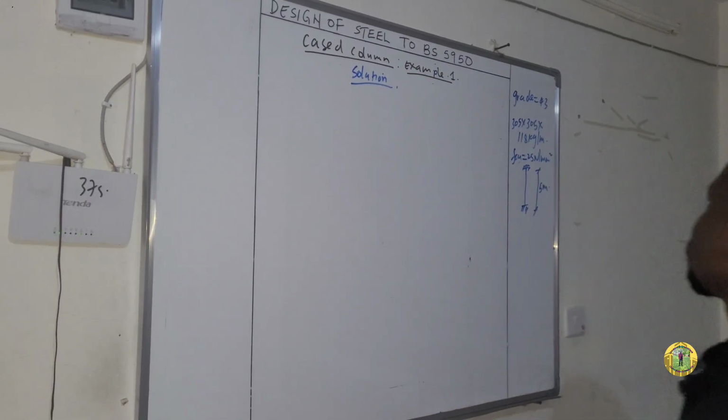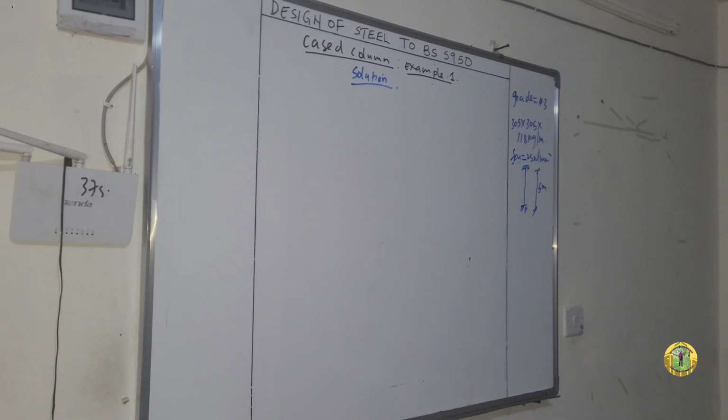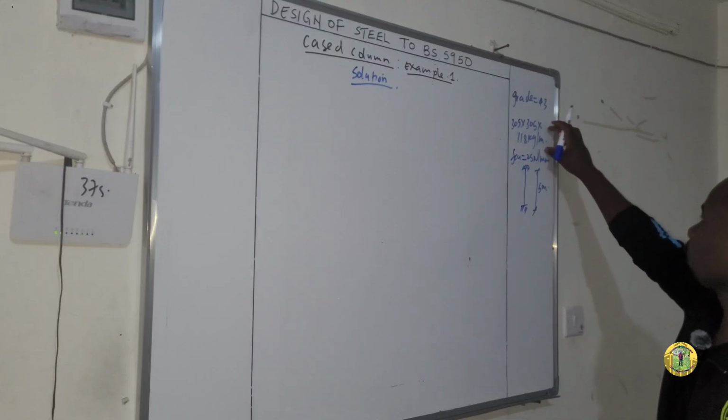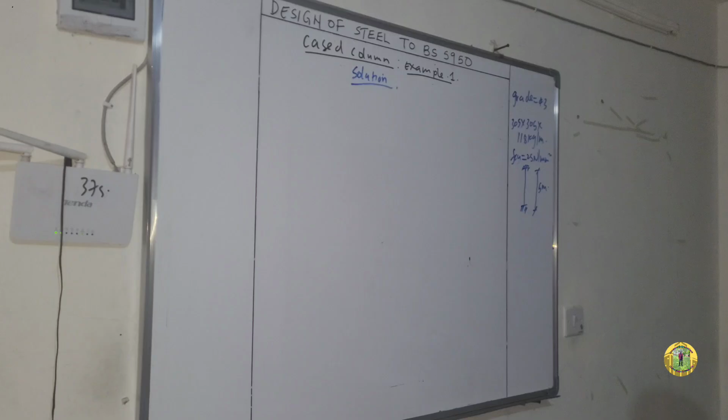So the first thing to do is to go to the table of universal column and obtain the section properties of this size you have been given in the question.